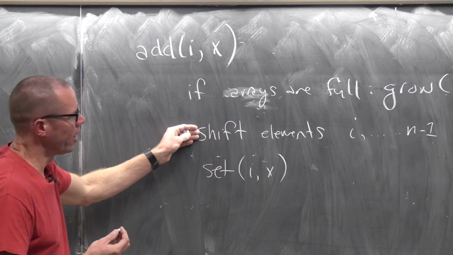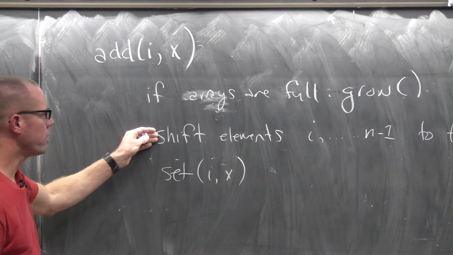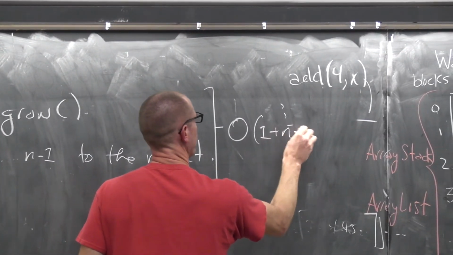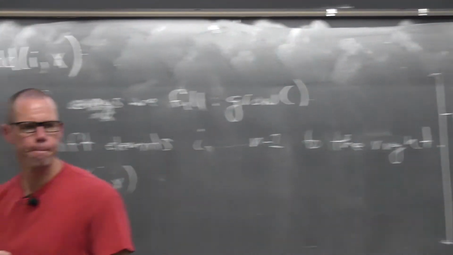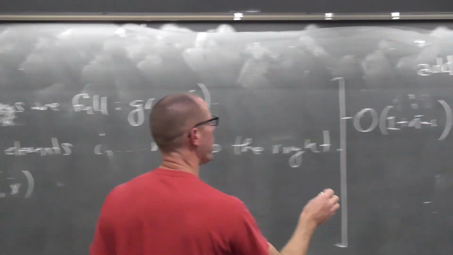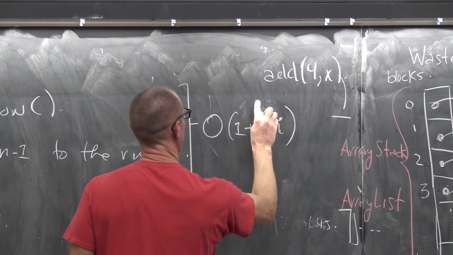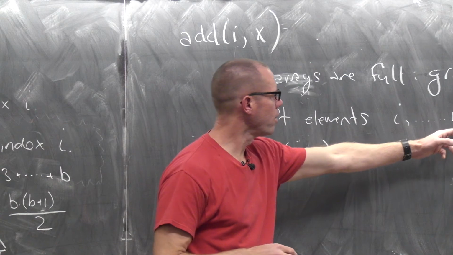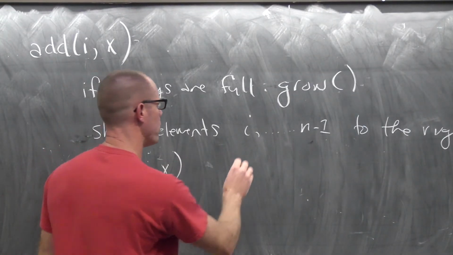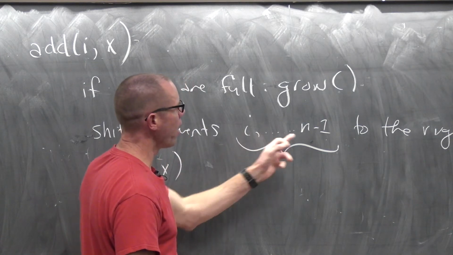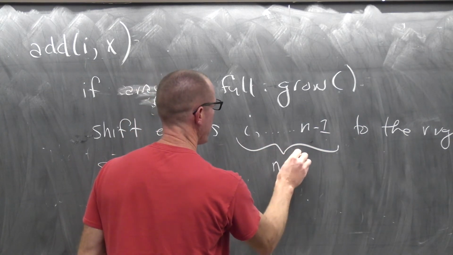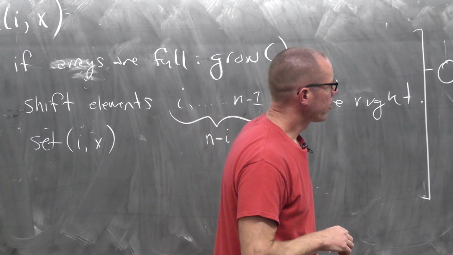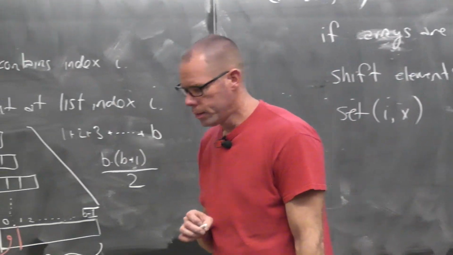And this is just done a little bit differently than an array stack, but it's still the time that it takes is proportional to the number of elements that you're shifting, and that's n minus I. The number of elements that you're shifting is n minus I. It's elements at indices I up to n minus 1, so that's n minus I elements there.